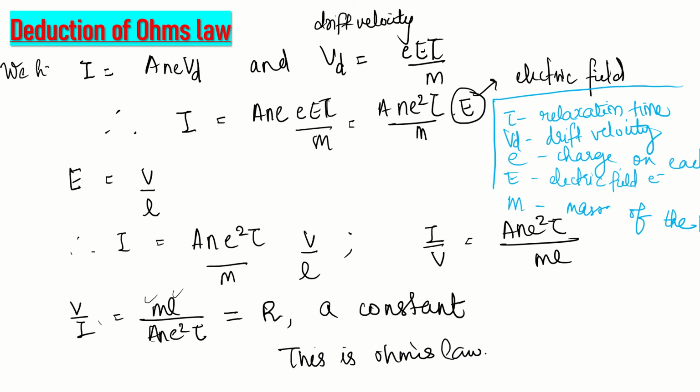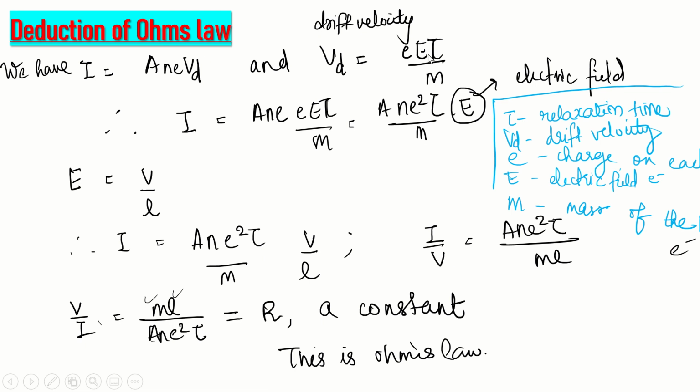We have I equals nAe vd and vd equals eEτ by m, and here τ is the relaxation time, vd is the drift velocity, e is the charge on each electron, E is the electric field, m is the mass of the electron. Then I equals nAe vd, right?